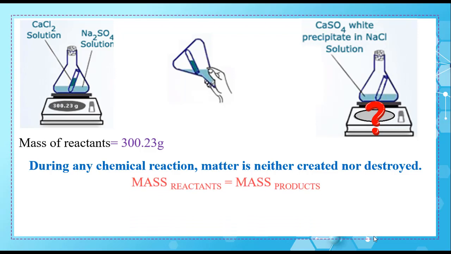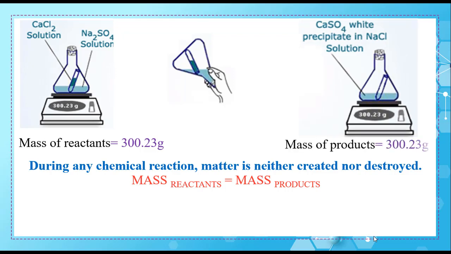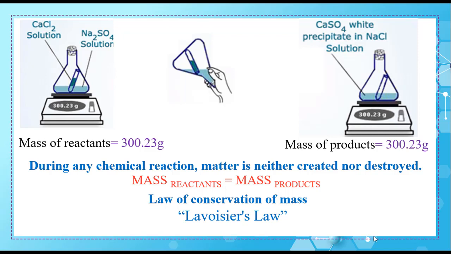So, the total mass of the reactants is always equal to the total mass of the products. Referring to this, the mass of the products will be equal to 300.23 gram. This principle is called the law of conservation of mass, or Lavoisier's law.